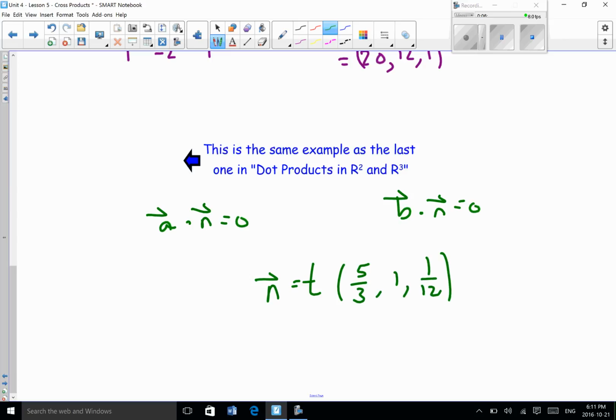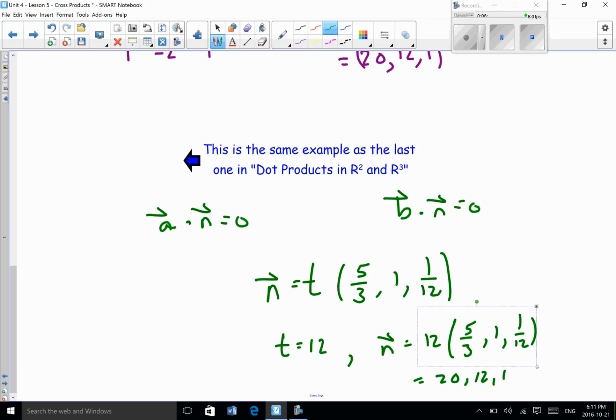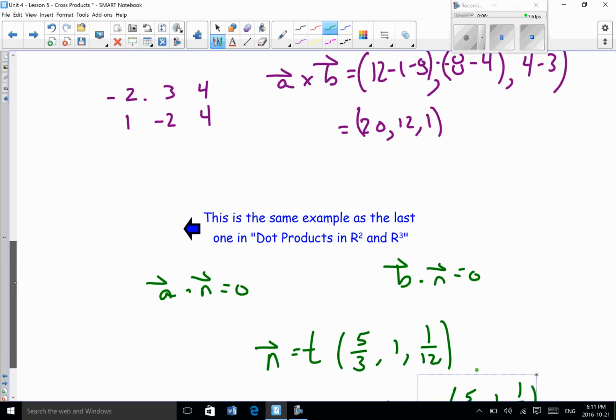And we said, well, that's what happens if we pick a nice value for t, for instance, 12. We created the vector 12 times 5/3 times 1 times 1/12, which came out to 20, 12, and 1. But there was a whole page of work before that. By doing the cross product, we found the exact same thing, just doing it a whole lot faster.